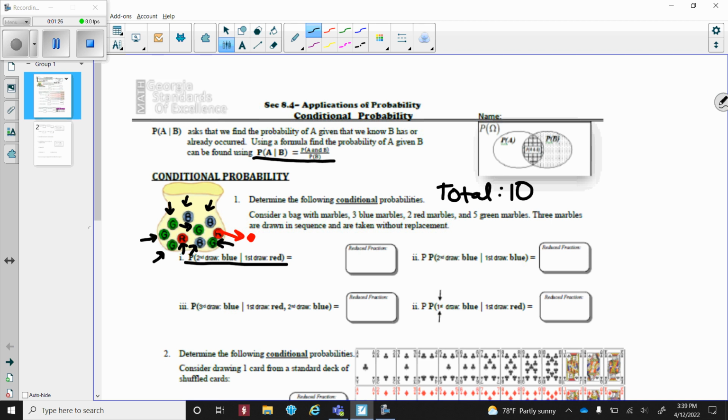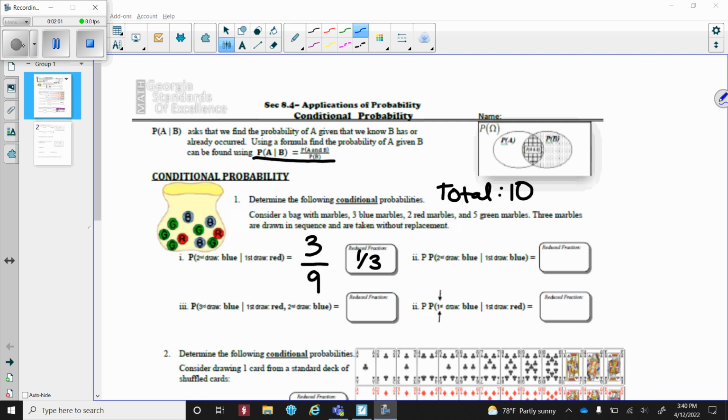We took 1 away, so 10 minus 1 is 9. My total, which is going to be the bottom of my fraction, is going to be 9. Now, it wants us to say that the second draw is blue, so I just have to figure out how many blues are left. Taking a red out does not affect how many blues are in the bag, so I still have 3 blue marbles. My simplified fraction is going to give me 3 divided by 9 simplifies down to 1/3.